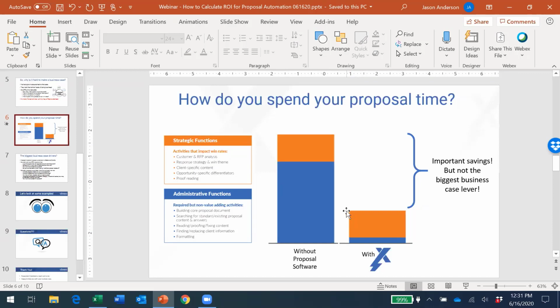But what if this is a repeat opportunity or a customer that we're really strategically positioned to win the business, and it makes sense for us to invest differently, right? So there's an idea that you can envision of this orange bar growing, so to speak, as it might make sense to further invest in this particular opportunity and really increase our win rate by doing an excellent job for them directly.